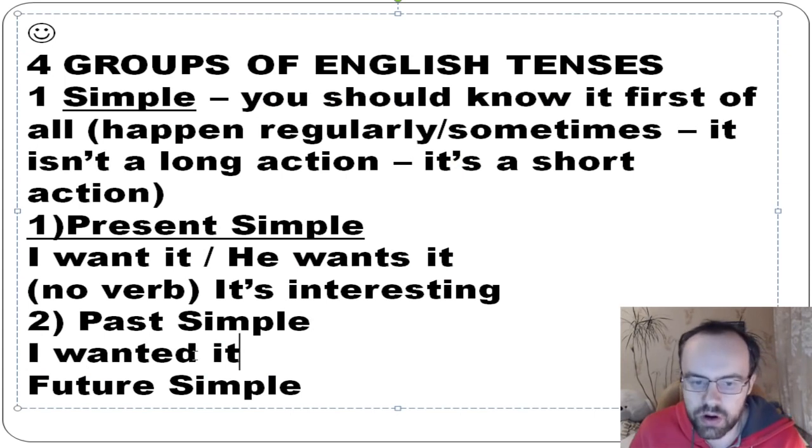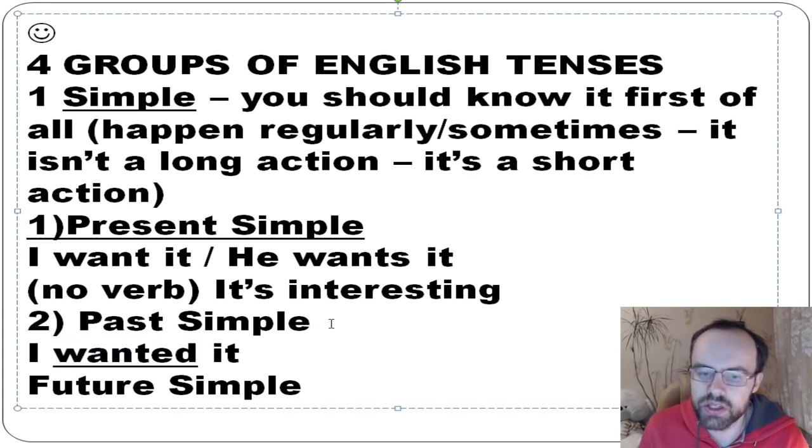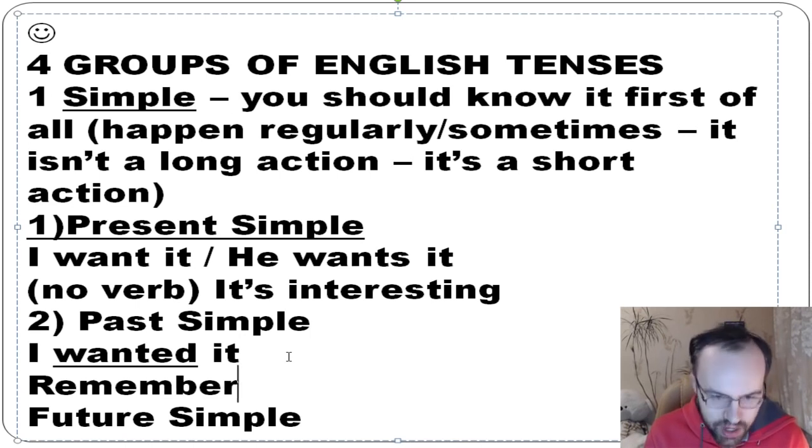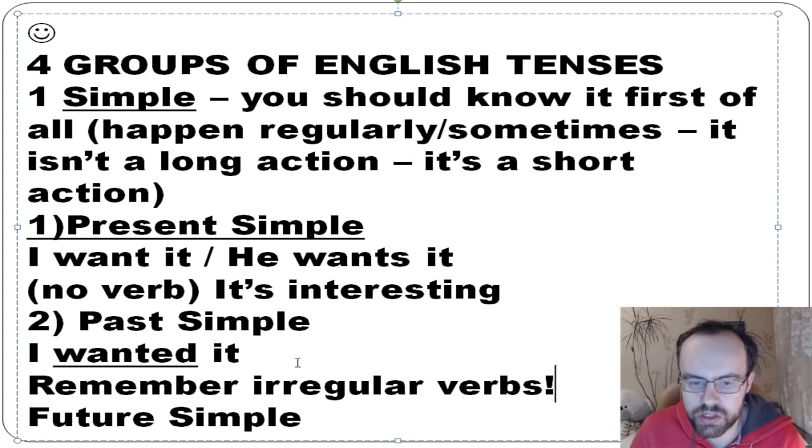It's the second form, and this verb is regular. You need to understand whether a verb is regular or irregular, and you need to memorize irregular verbs. They are very important.